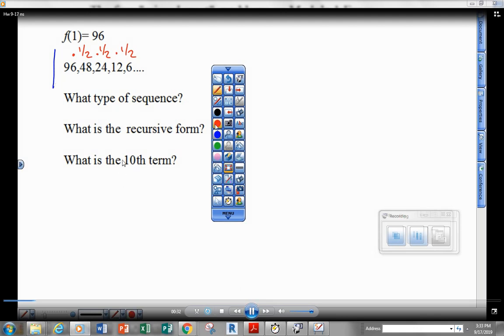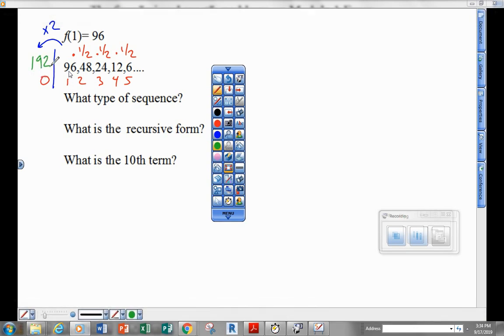Remember, these are the first, second, third, fourth and fifth term, going back to that 0 term, the opposite of timesing by 1/2, going to the left, timesing by 2. So 96 times 2 gives me that 0 term, which is 192.